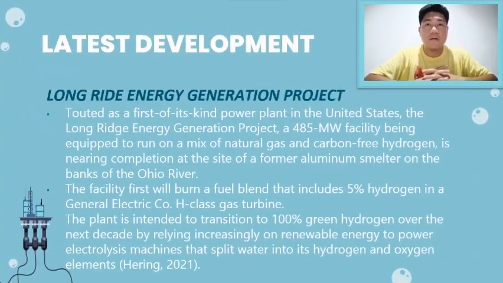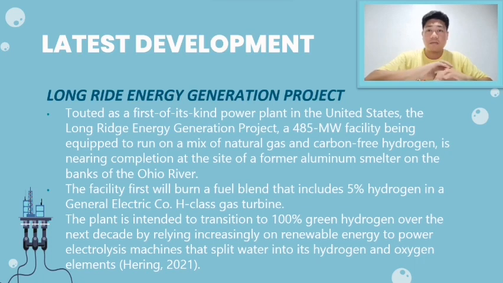Next one is latest development. Long Range Energy Generation Project. Touted as a first of its kind power plant in the United States, the Long Range Energy Generation Project, a 485 megawatts facility being equipped to run on a mix of natural gas and carbon-free hydrogen, is nearing completion, so malapit palang matapos, at the site of a former aluminum smelter on the banks of the Ohio River.